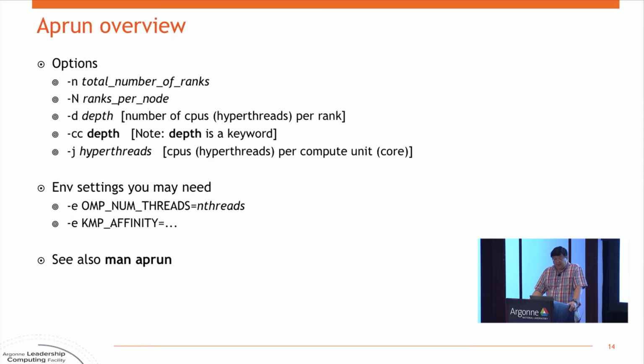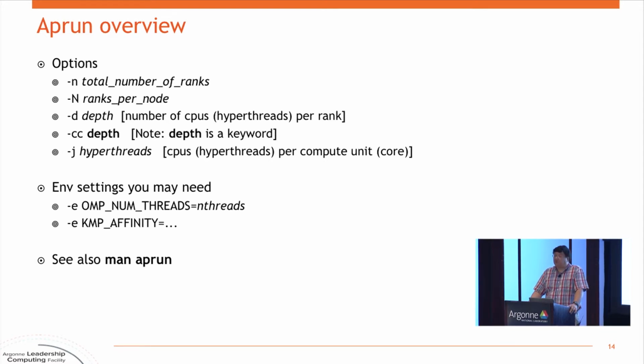Here's a little translation key of the aprun arguments translated into real world things like the number of ranks that you want, the number of ranks per node. So don't mix up small n and big N. And you have the concept of depth. If you look up the man page for aprun, depth will talk about the number of CPUs per rank, but you need to translate that to mean the number of hyperthreads per rank, depending whether you have turned that on or not.